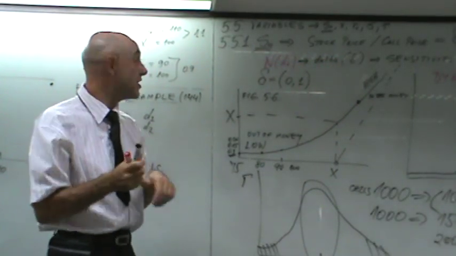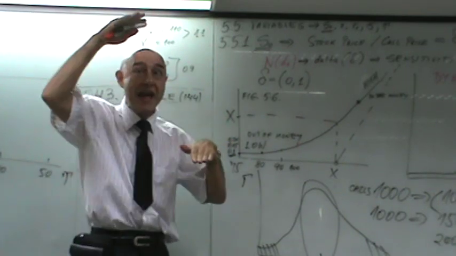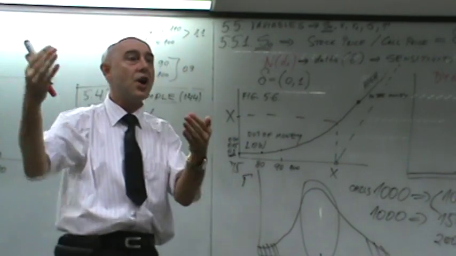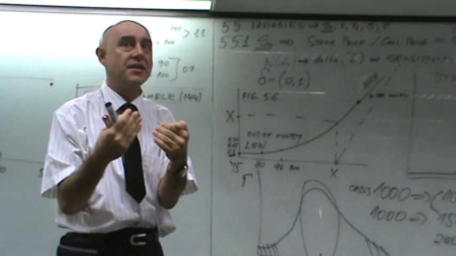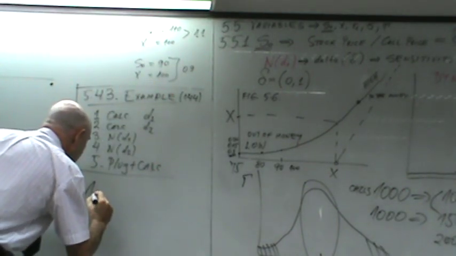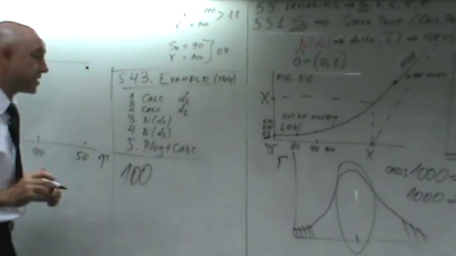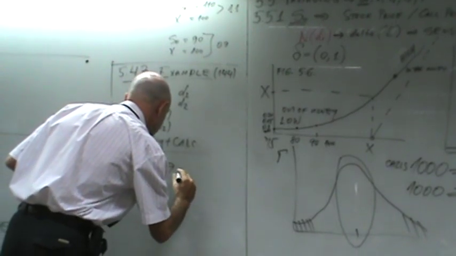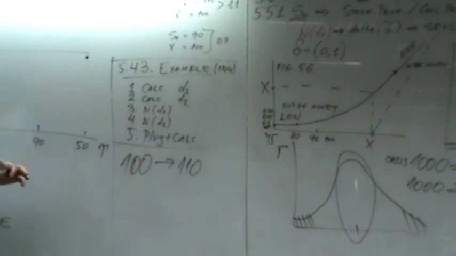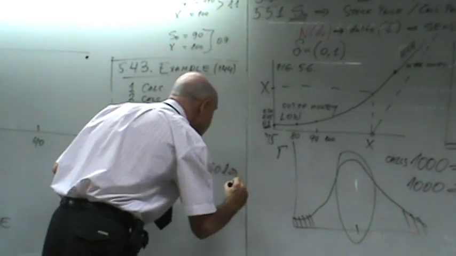So the price is 110, the strike is 100, you're quite in the money, and you have 60 days left. 100 is the strike price, 110 is the current price, and you have 60 days left.